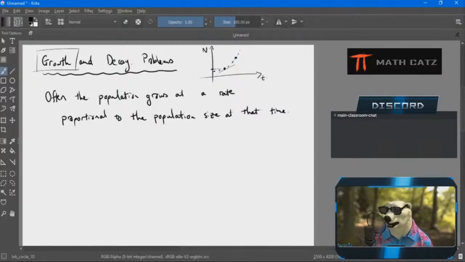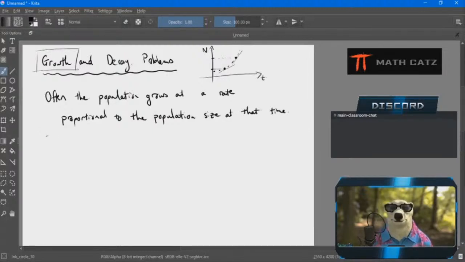Let's suppose I grow to that point. Then the rate of change is connected directly to how many individuals there are. And therefore, because there are more now, they grow faster because there's more interactions and more opportunity for population growth.